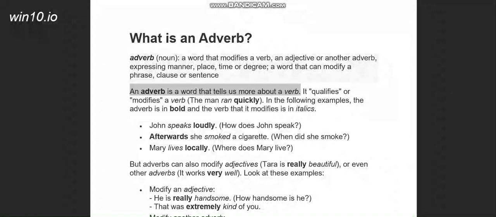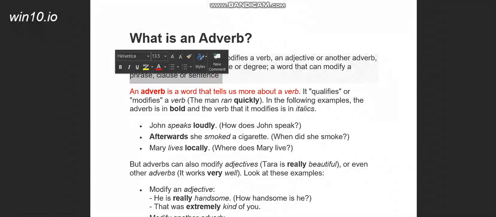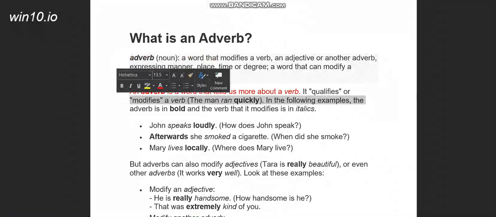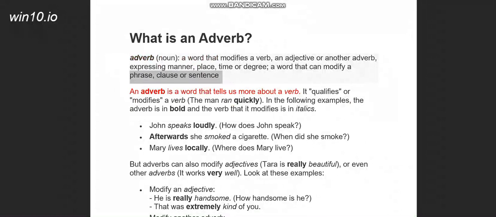Now, when I say it tells more about the verb, I'll give an example. If we say Priya is dancing, dancing is a verb because it is an action performed by a noun. But when I say Priya is dancing gracefully, what is describing our action?